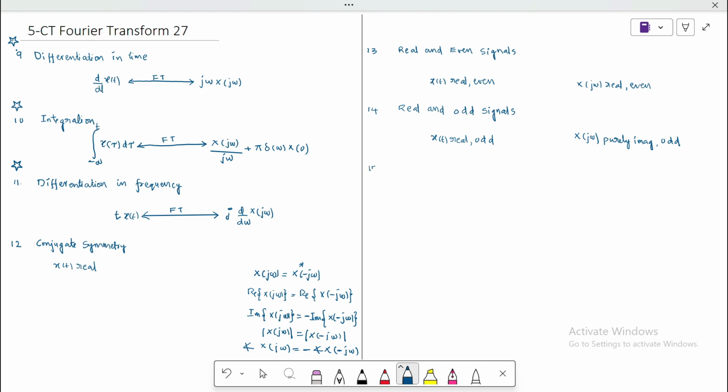Then next, the even part and odd part, the even and odd decomposition of real signals.